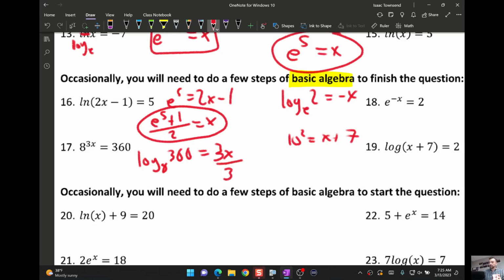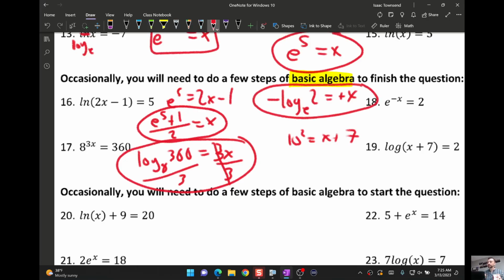This one you need to divide 3 before you're finished. This one you need to multiply both sides by a negative before you're finished. And this one you need to subtract 7 before you're finished. So sometimes switching the forms is a good start, but you may still need to undo add, subtract, multiply, or divide.